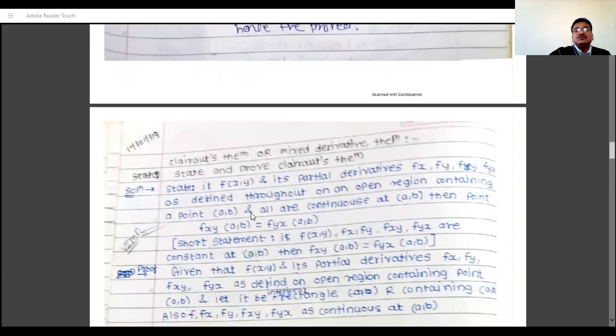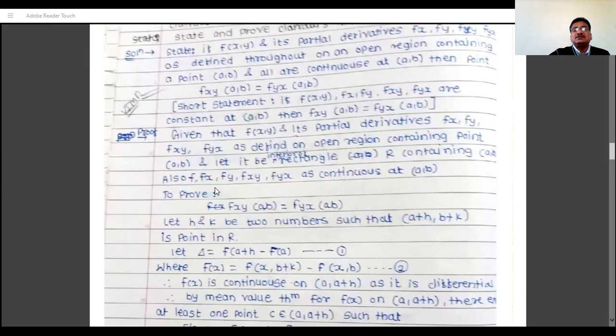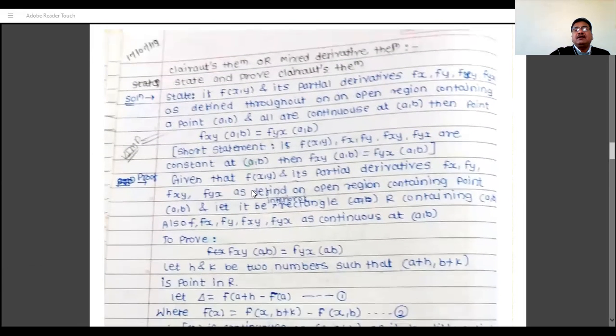There is only the statement of these theorems. Proof is not included in the new syllabus, so just remember the statement. Don't learn these proofs. Only the statements of these three theorems are important.